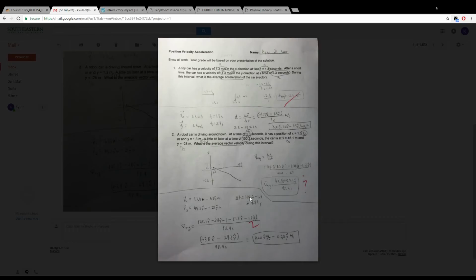And for the delta t is 102 seconds minus 1.3 seconds, which is 98.9 seconds.